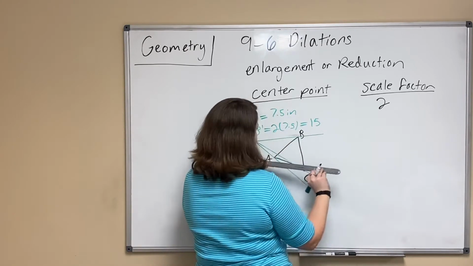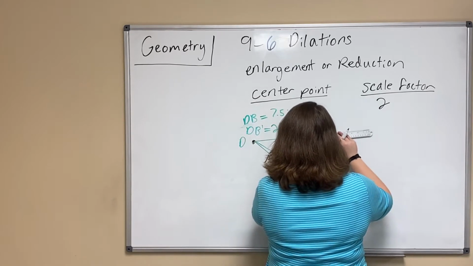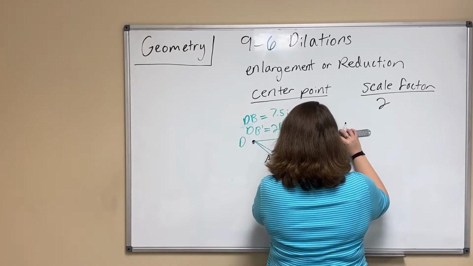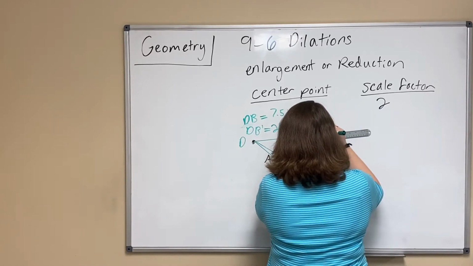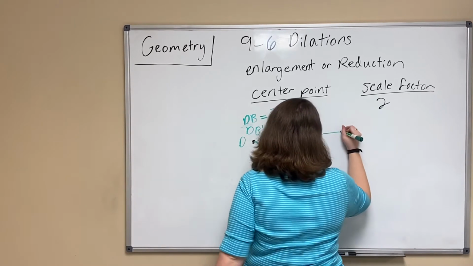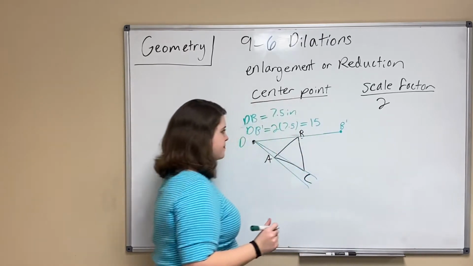This is a 12-inch line so far, so let me go 3 more inches, and that's where my new B goes, my B prime.